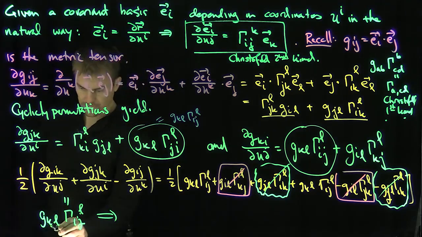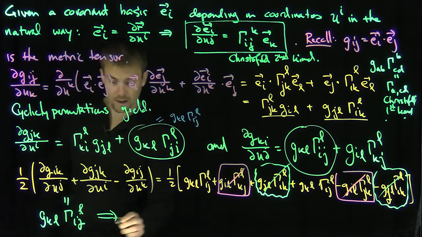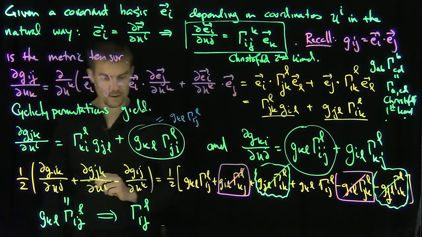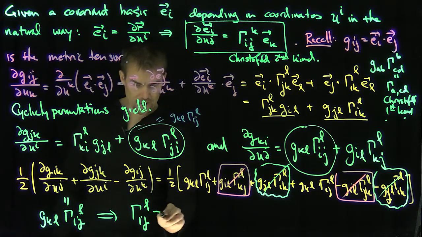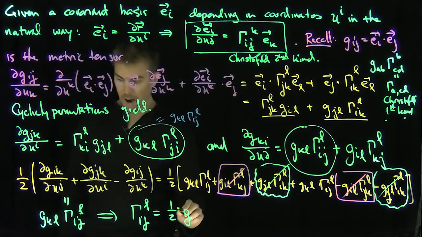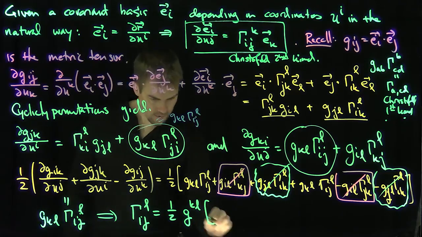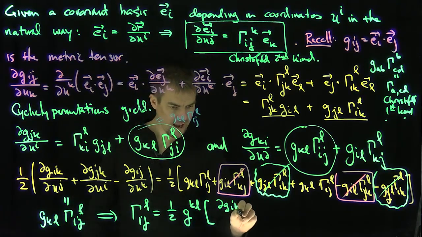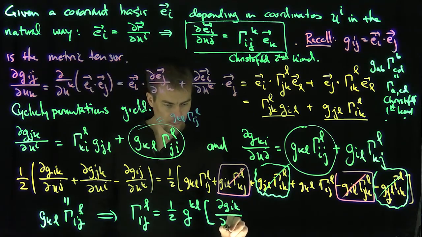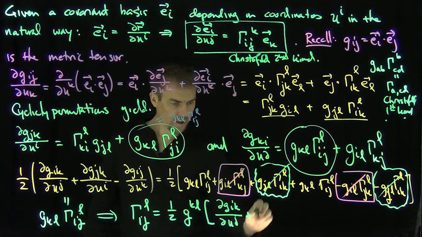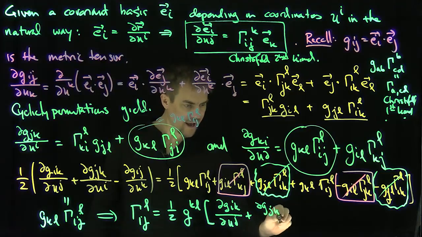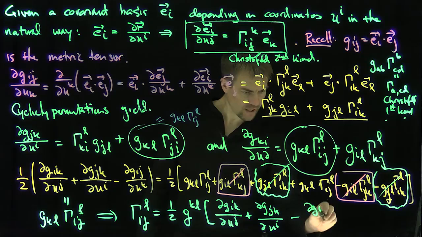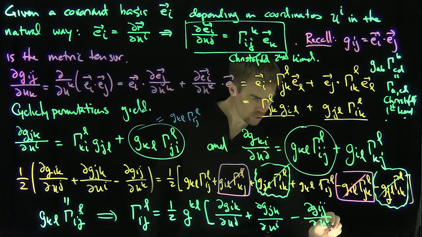So if I hit this with the inverse, because the inverse of G_{KL} lower is G^{KL} upper, right? So this is telling me that gamma_{IJ}^L, the Christoffel symbol of the second kind, is 1/2 G^{KL} times partial G_{IK} over partial U_J plus partial G_{JK} partial U_I minus partial G_{IJ} partial U_K.